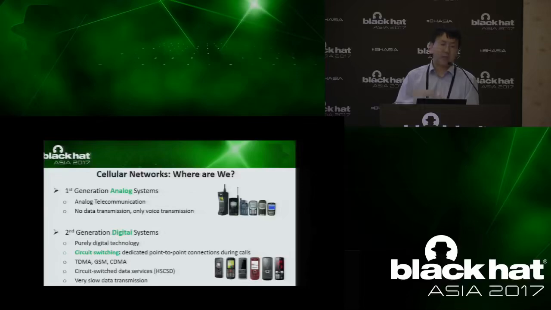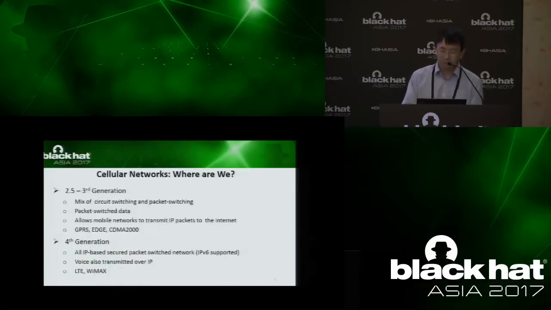This circuit switching is based on either time division multiple access, TDMA, for example GSM, or code division multiple access, CDMA. Based on this network, circuit switched data services were provided, the big name being HSCSD, high-speed circuit switched data. So 2G provided us the first slow data transmission.